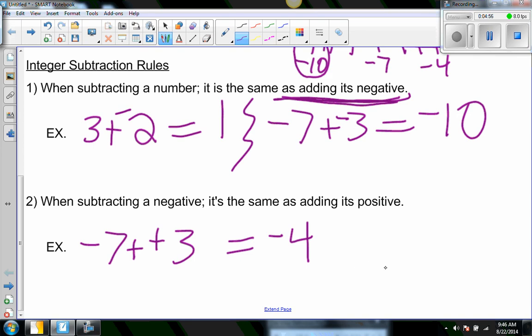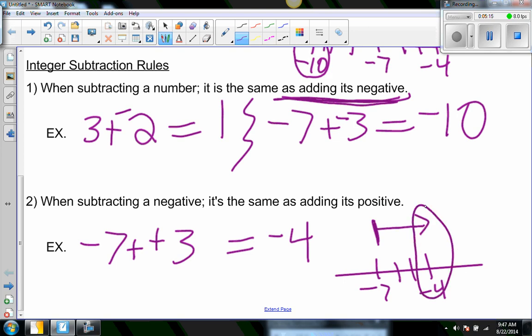And if you want to see that on a number line, I'm starting here at negative 7. And I have to get rid of negative 3 because it said subtract negative 3. So subtract 1, 2, 3 negatives, and I'm right here.